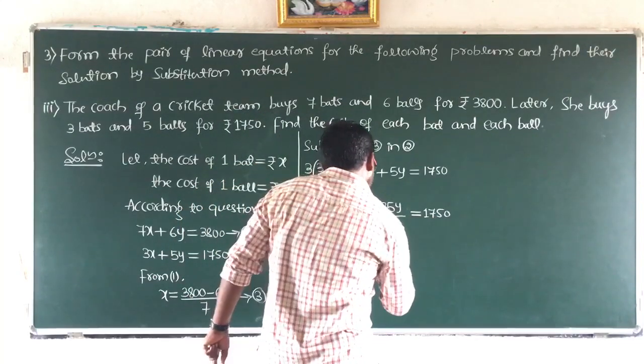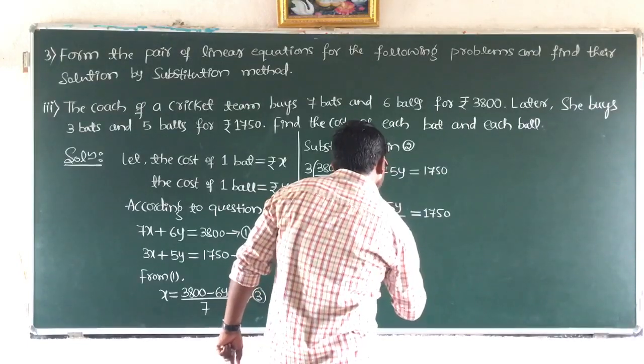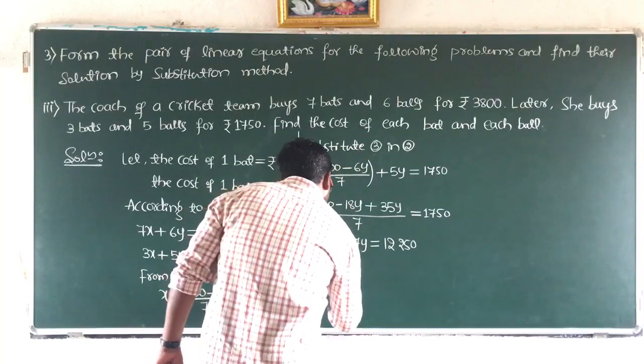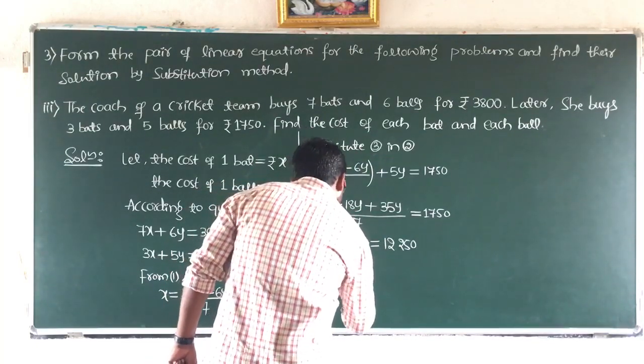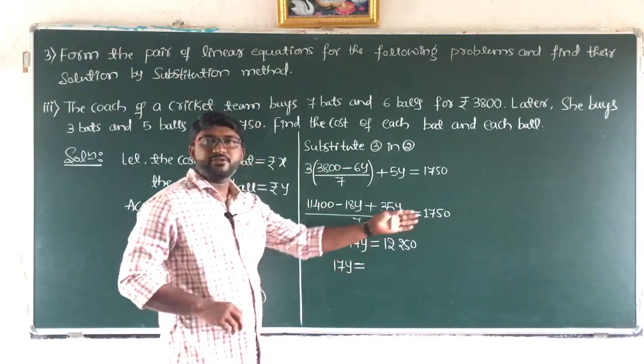We get 12,250. So now 17y, which is equals to, take 11,400 to the RHS.